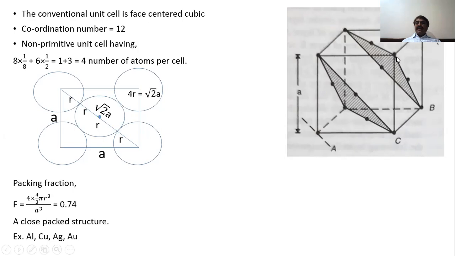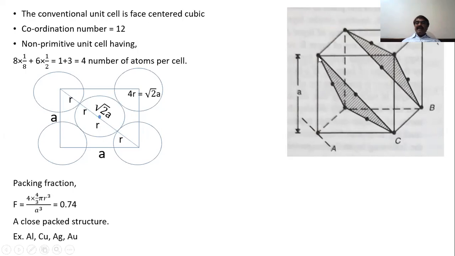These are arranged in layers in such a way that the corner is layer A. And what about this? This layer is formed by three corner atoms and three atoms at the centers of the faces: upper face, right face, and back face. So these three and these three form layer B. And what about layer C?